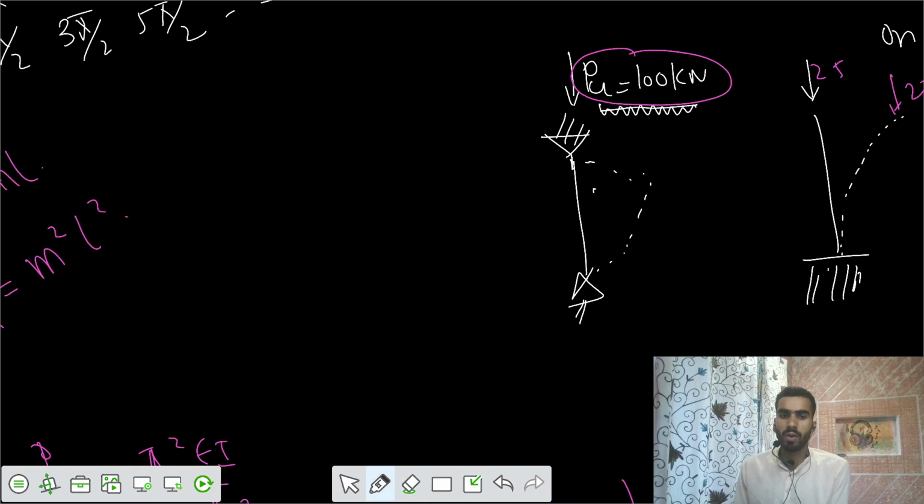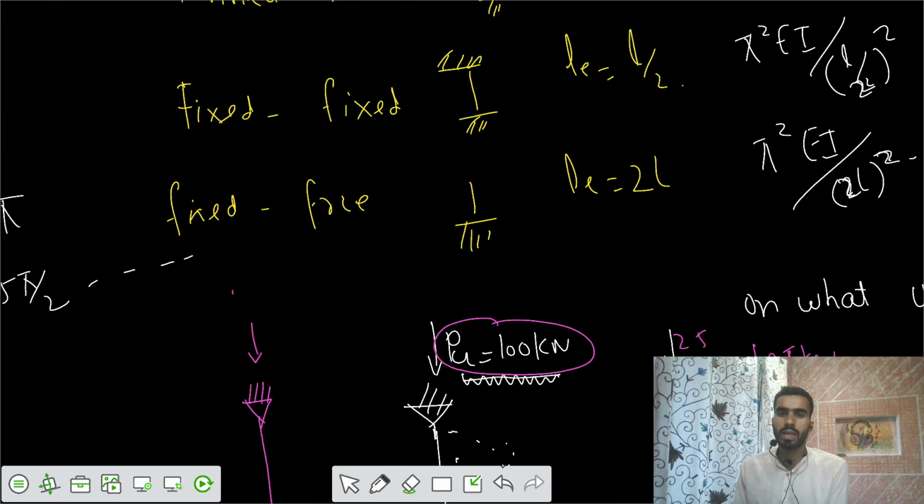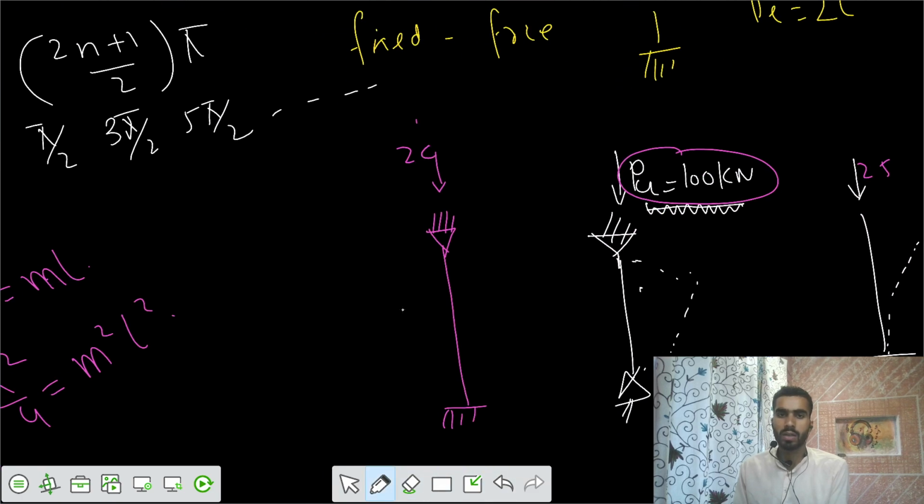And if I now compare with the pinned-fixed column, the value was L by root 2. So we had the equation L by root 2 whole square, that is actually 2 times PCR.